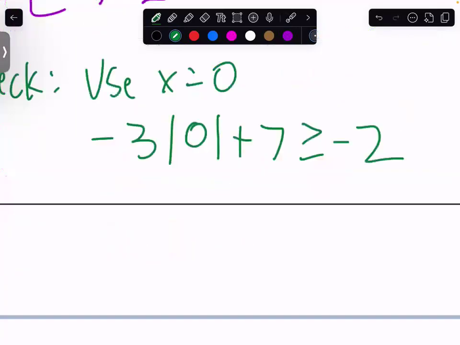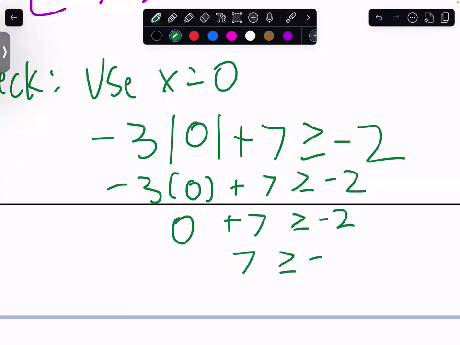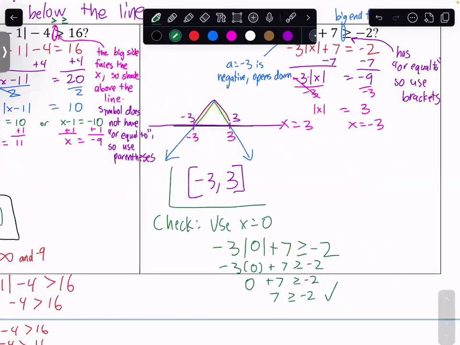And I want to see if this becomes a true statement. Absolute value of 0 is still 0. -3 times 0, anything times 0 is still 0. 0 plus 7 is 7. And 7 is greater than -2. Okay, so that works.